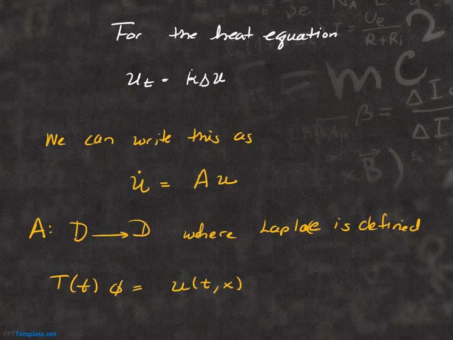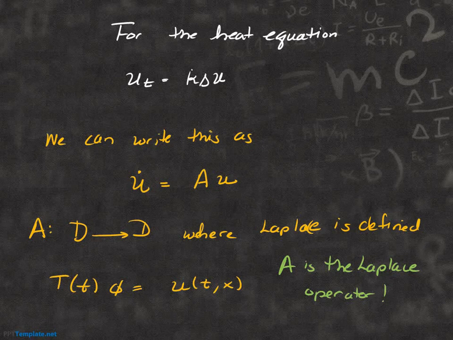So I'm taking the derivative on C0b, and the Laplace operator can act on those functions, and that's my A, and my T of t is going to be the solution to this guy, which was just like the e to the At, and the infinitesimal generator will be A. Huh? Laplacian is the infinitesimal generator.